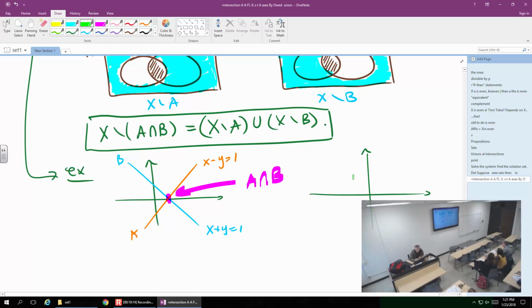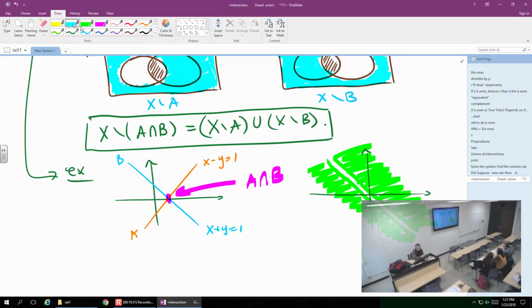It's a bit hard to try to draw the complements. So that's the complement of the first line. So it's a cut, right? And then you take the complement of the other. Like this. Complement of the other. Oops.